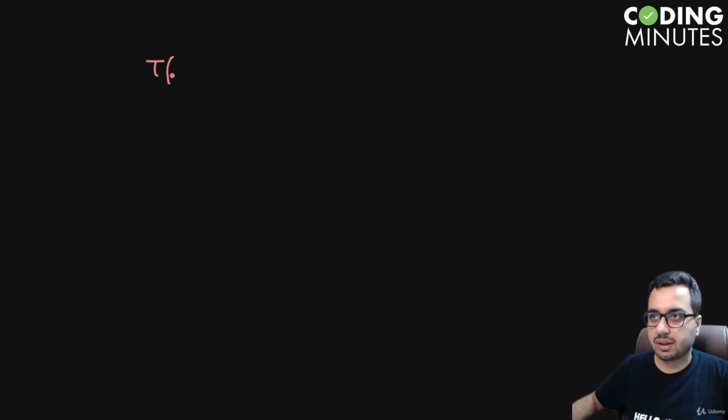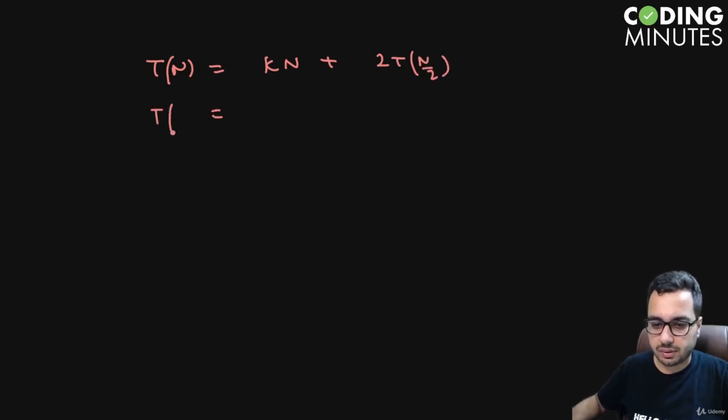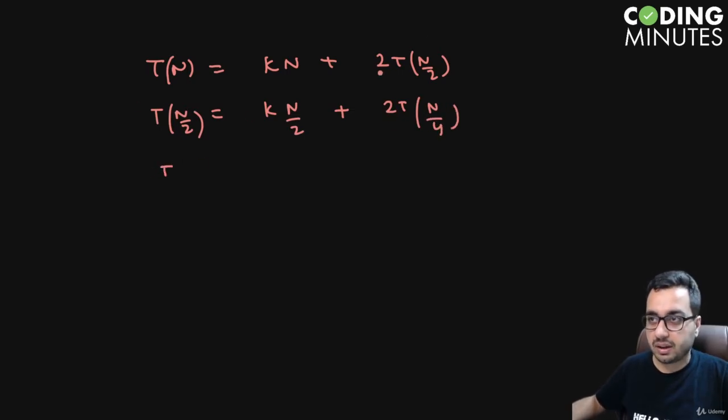We have T(n) as kn plus 2T(n/2), and T(n/2) can be written as k(n/2) plus 2T(n/4). Now I have a 2T here and a T here, and I want to cancel out these terms, so I will multiply this entire equation by 2.